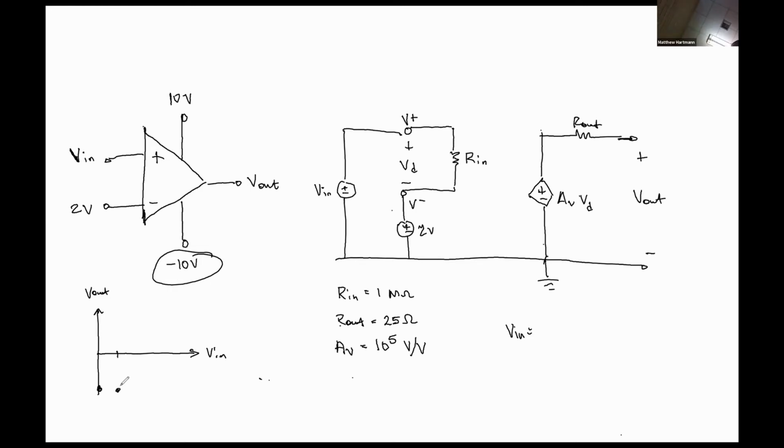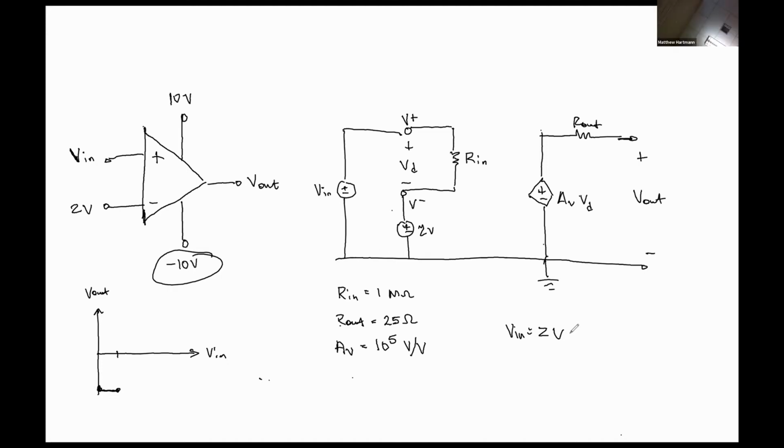So it stands to reason that for all points between 0 and 1 volts for Vn, the output voltage is going to stay at -10. So what about when Vn is equal to 2 volts? VD is 0, so V out is 0.